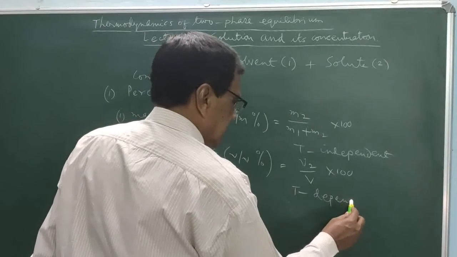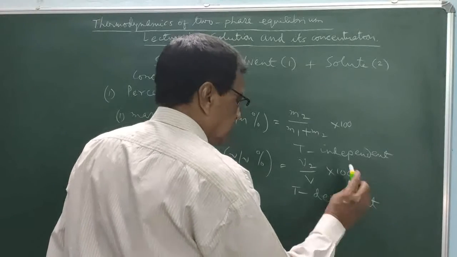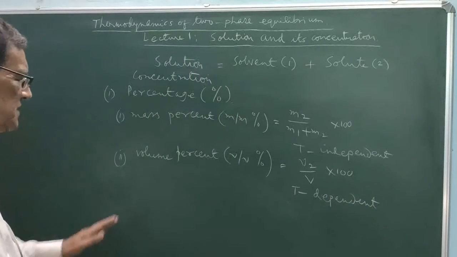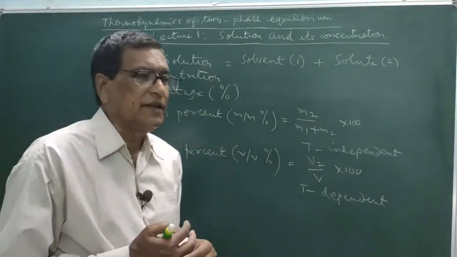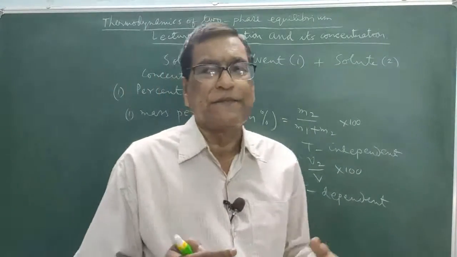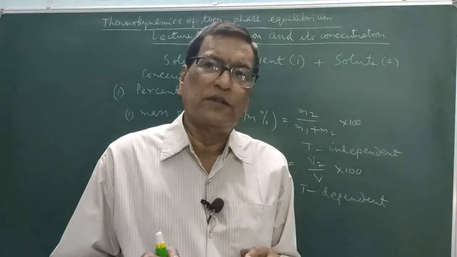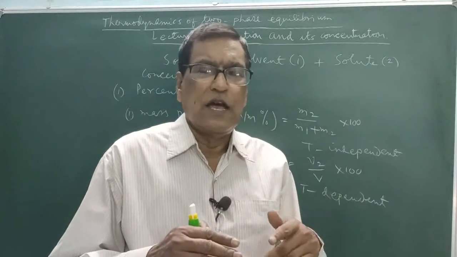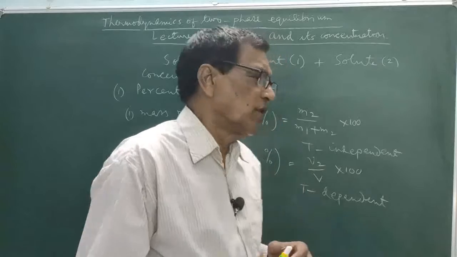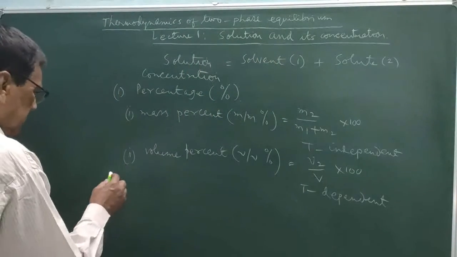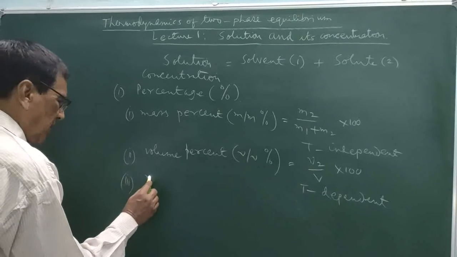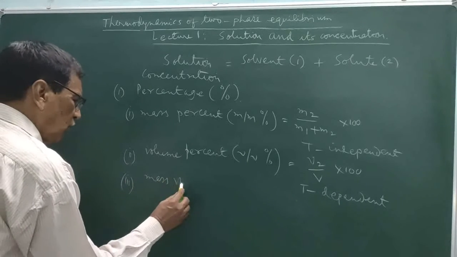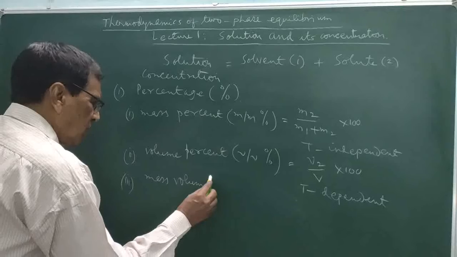As temperature is changed, the volume is also changed. This is usually taken when both the solvent and solute are in liquid state, say alcohol in water, or acetone in water, and so on. And this third one, mass volume percent.